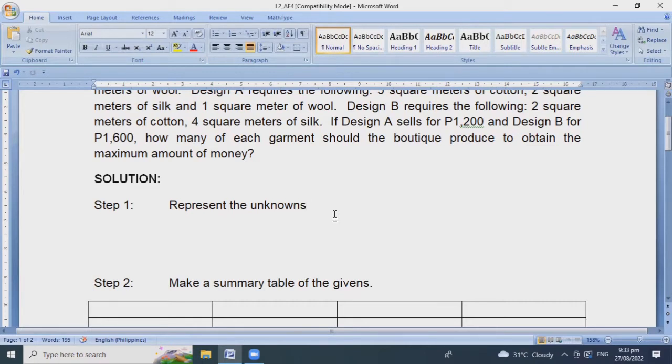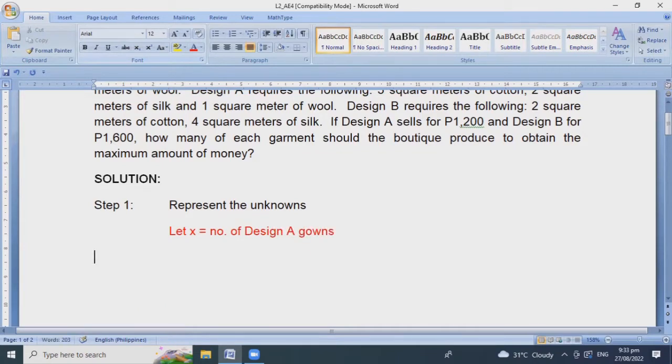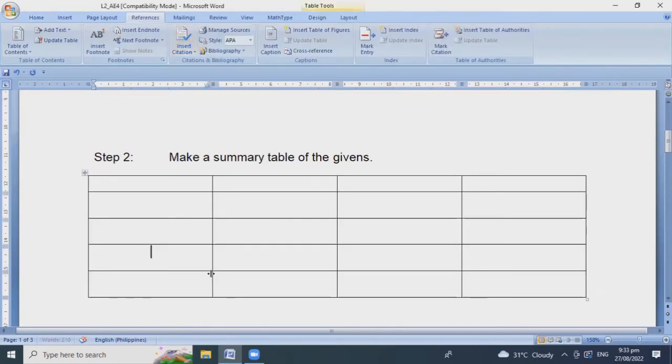Ang ginagamit, just variable X, X sub 1, X sub 2 to represent Y. So, in this case, let X be the number of design A gowns and let Y be the number of design B gowns. So we're done with the unknowns.